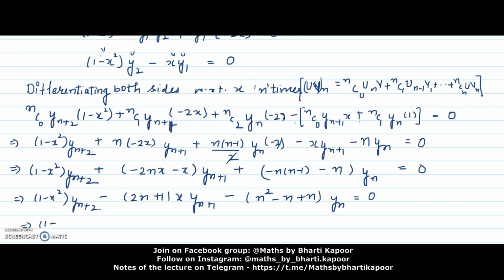So we have 1 minus x square y(n+2) minus (2n plus 1) x y(n+1) minus n square yn equal to 0.